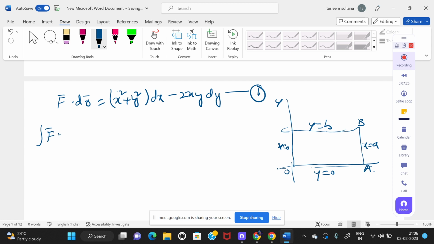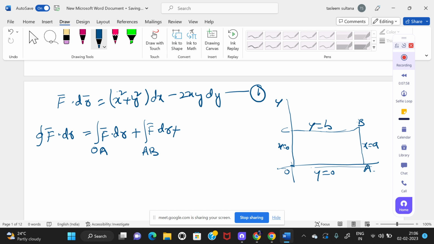F vector into dr vector, which is equal to, now initially you are standing over here, from here you're traveling to A, so it's going to be integration from 0 to A of F vector into dr vector that you have to find. Then from A you're traveling to B, so it's going to be integration from A to B of F vector into dr vector.